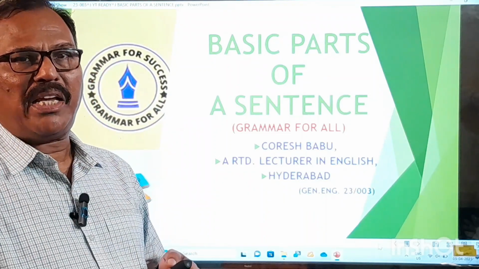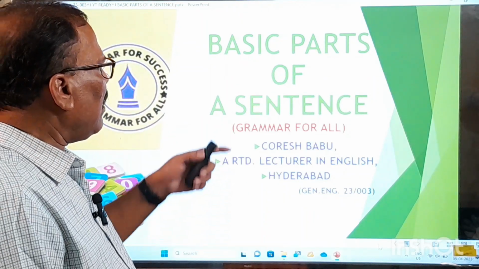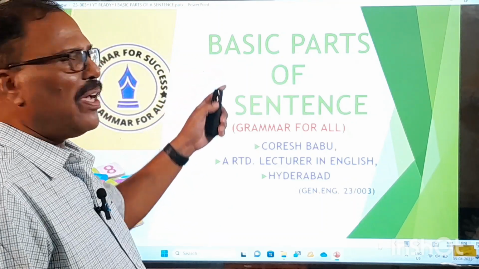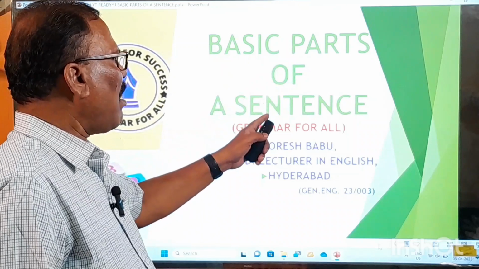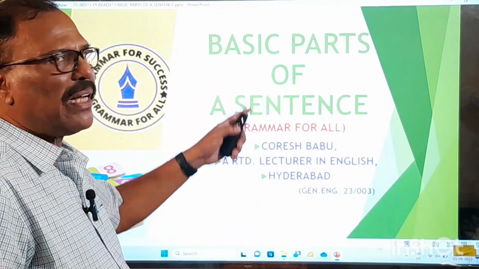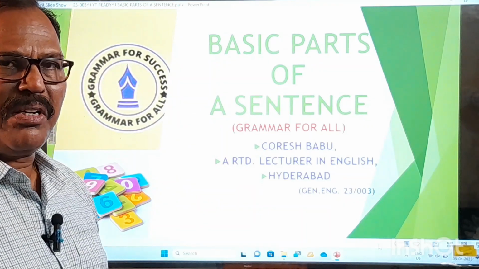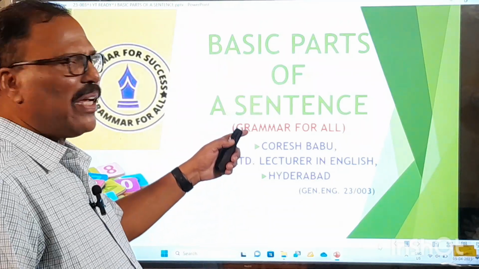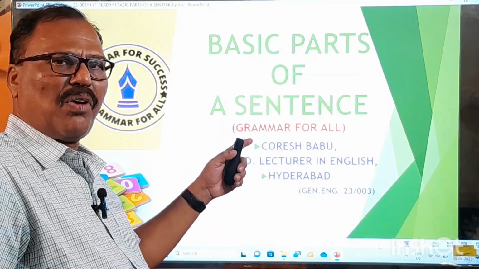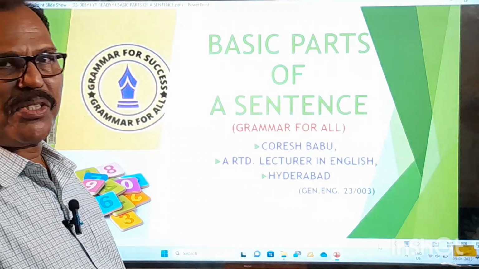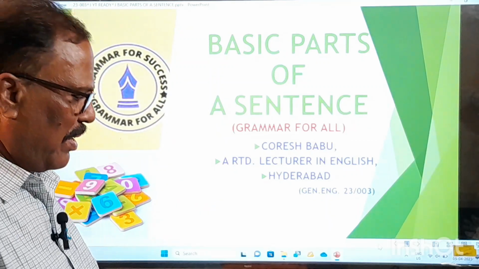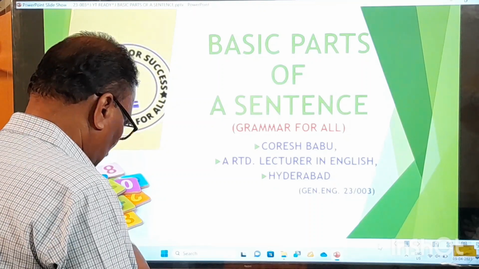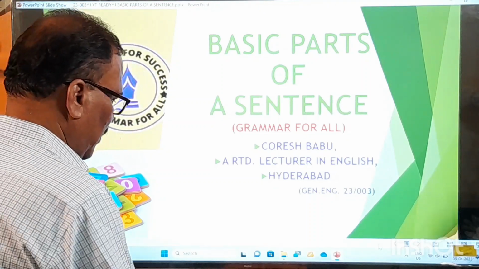About that, I gave you some idea, and in this video I'm going to give you some beautiful idea about the basic parts of a sentence. This grammatical aspect is very important for everybody. All the students can watch it, all the people also can watch it and benefit from this video. Now let's get into the video, right?